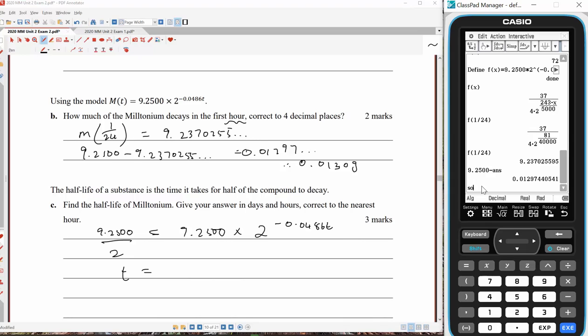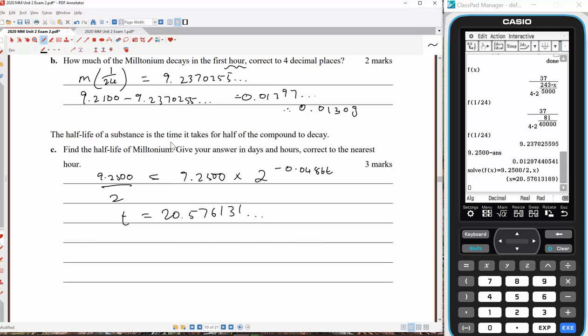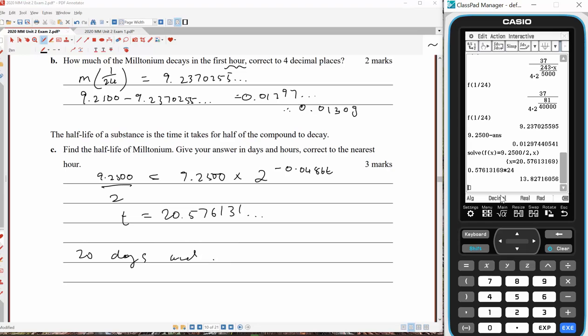So on the calc we solve f of x equals 9.2500 over 2 for x. t is equal to 20.576131... So that's 20 days, and to get hours, a bit over half a day, times 24 hours in a day.